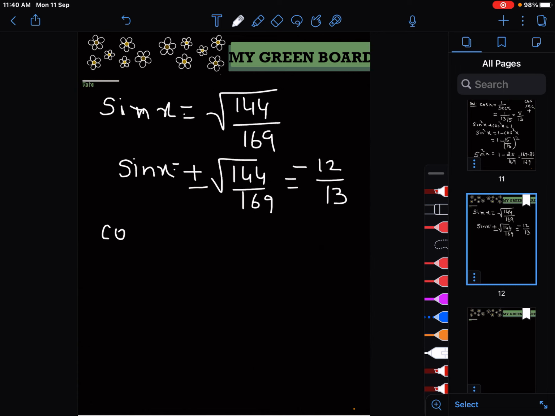Okay, so we got the value. Now let's find the value of cosec x, equal to 1 by sin x, the reciprocal of this, which will be minus 13 by 12.